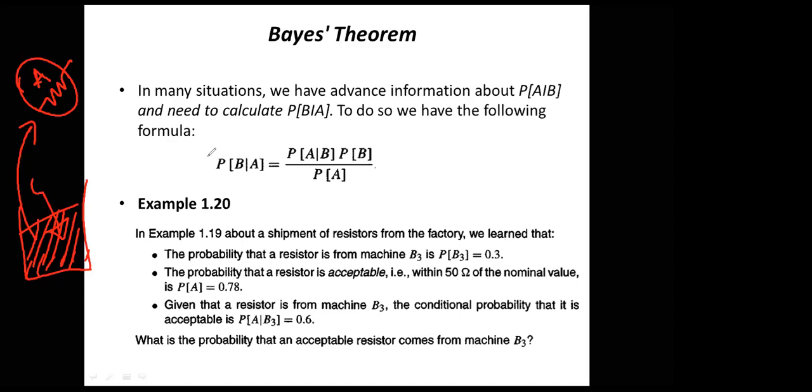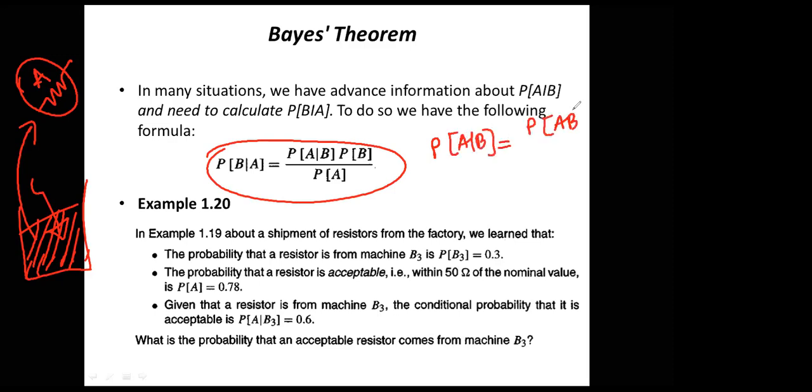Or before that, we can see this equation as well, because we know P(A|B) equals P(AB) by P(B), and P(B|A) equals P(AB) divided by P(A).